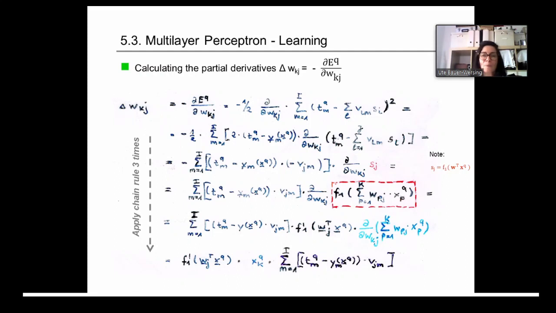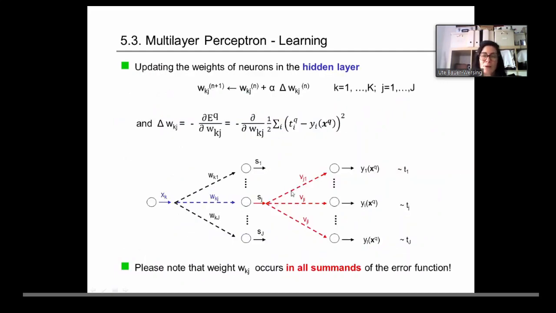But we are not done, because the weight Wkj is part of how we calculate the output of the jth neuron. Let's look here.